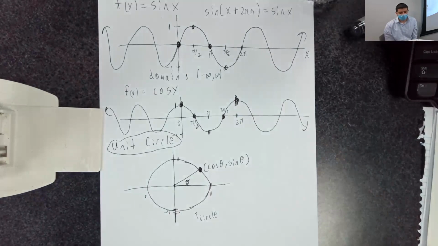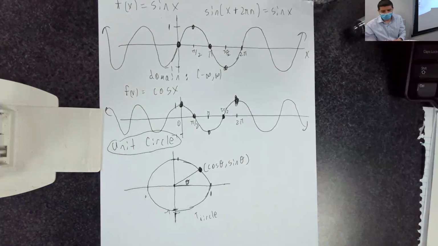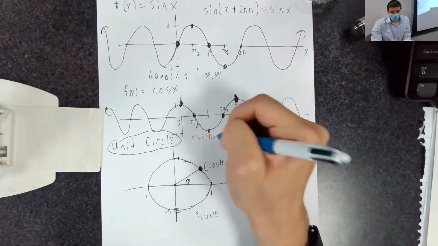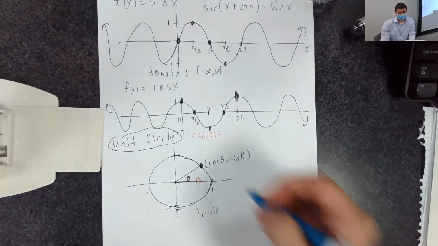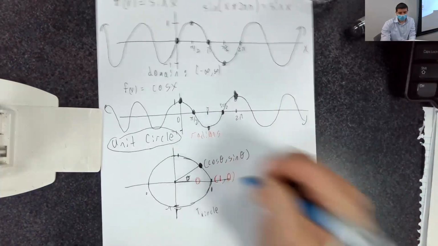Okay, so every point on the unit circle. So what they do is you'll see unit circle charts. So let's do radians. Okay, so let's say I plug in 0. Plug in 0, you'll always see on the unit circle is 1, 0.